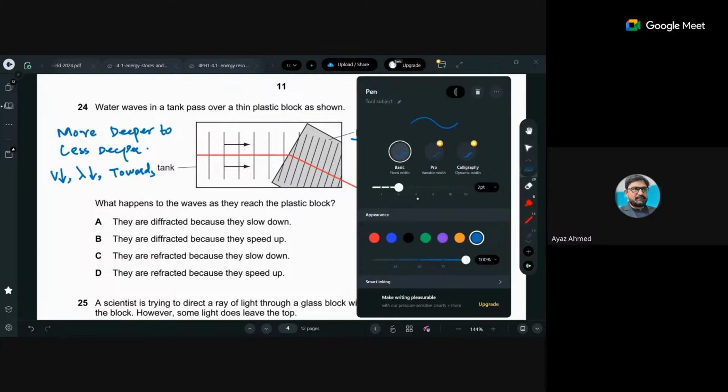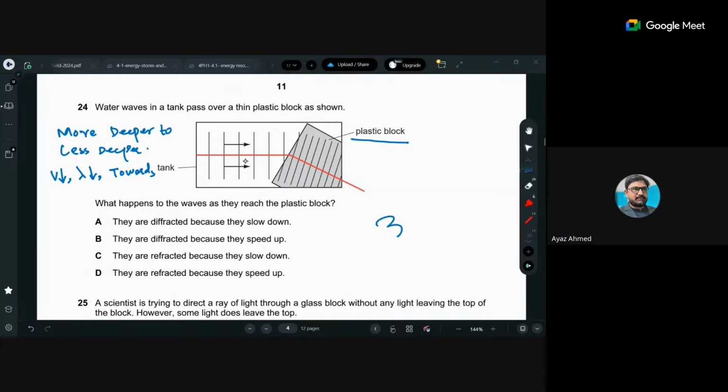What happens to the waves as they reach the plastic block? They are diffracted because they slow down. They are diffracted because their speed increases. They are refracted because they slow down, and they are refracted because their speed increases.